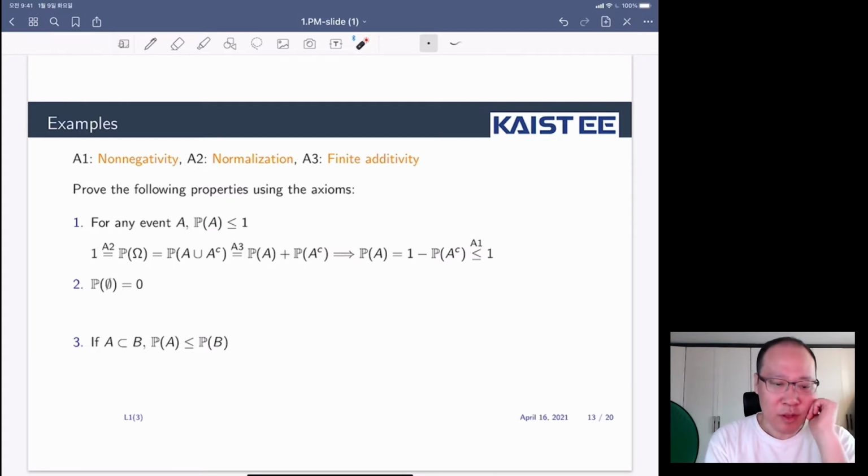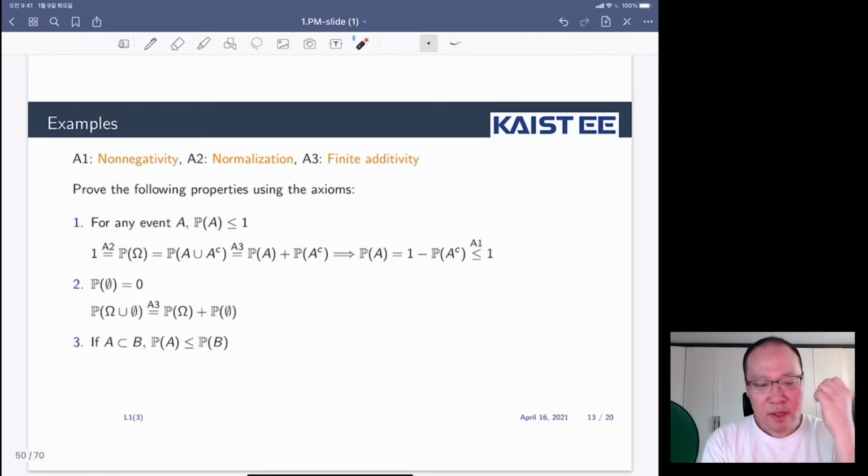What about the second one? The probability of the empty set is 0. So first, the probability of omega union empty set is equal to the probability of the sample space omega plus the probability of the empty set. And that's coming from finite additivity, the third axiom.